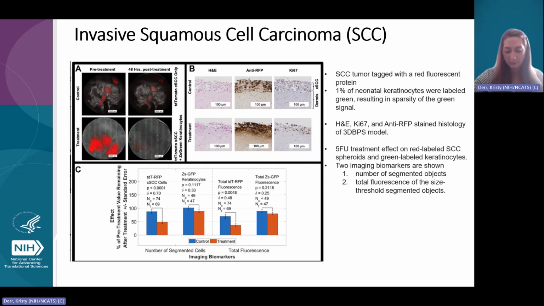We counted the cells by fluorescent segmentation as our primary imaging biomarker before and after the 5-FU treatment period for samples fed by 5-FU treated media versus control samples fed by pure media, and for RFP SCC cells and GFP keratinocytes using different fluorescent imaging channels.